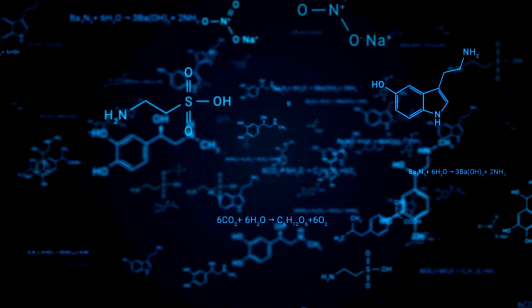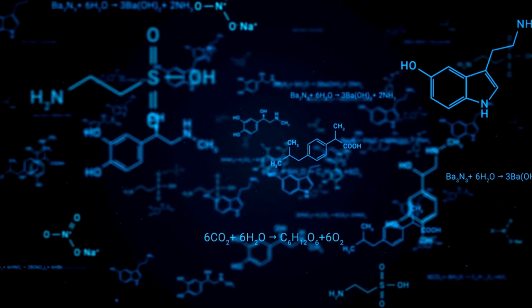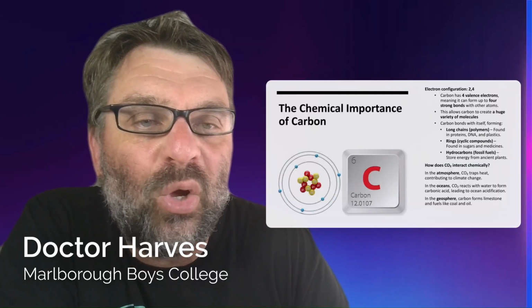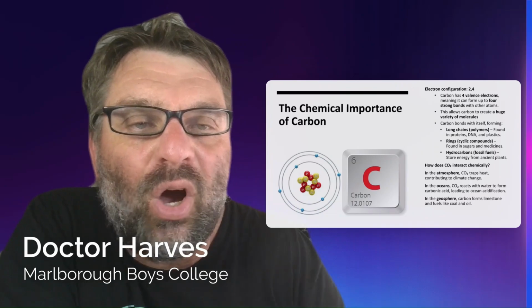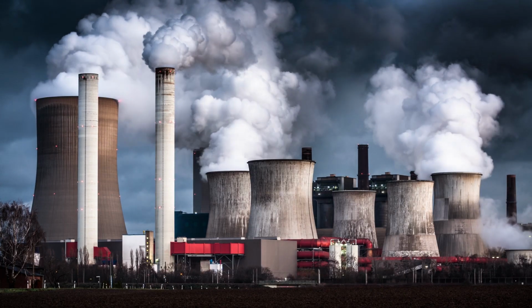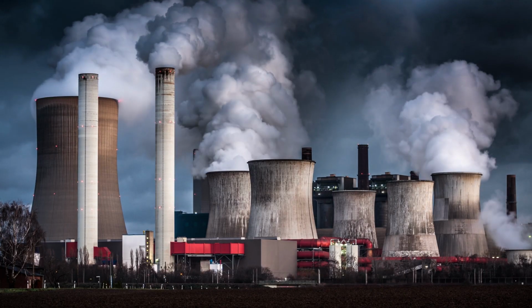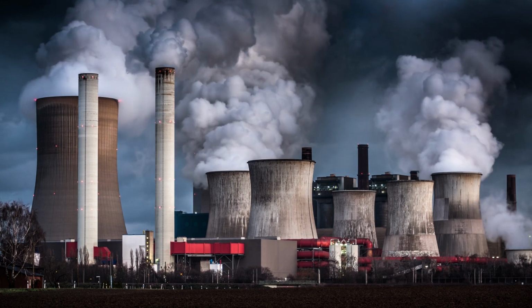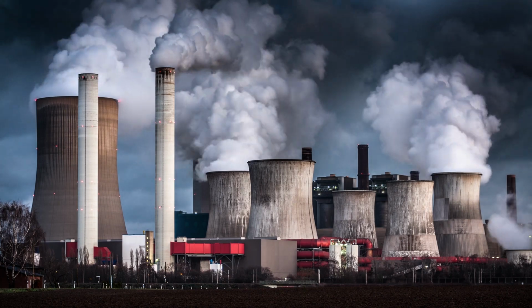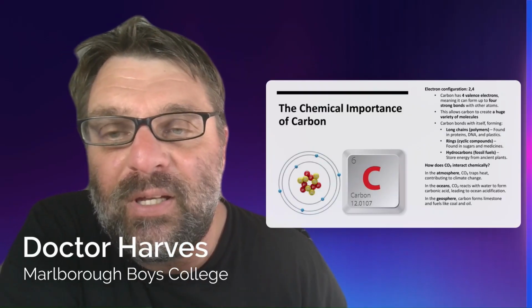Then we have rings, which are used in things like sugars, glucose and fructose found in your fruit, and also in medicines. And then hydrocarbons, which are the basis of fossil fuels, are long chains of carbon atoms, which then break to release energy.